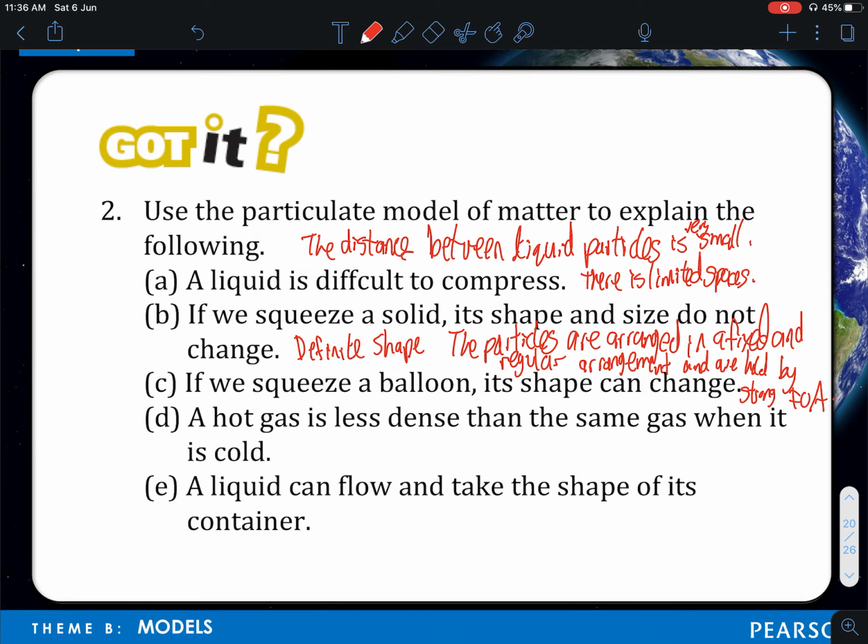Hence, because of this, they will not be able to move around and will only be able to vibrate about a fixed position, and hence, when you squeeze, the size also does not change.